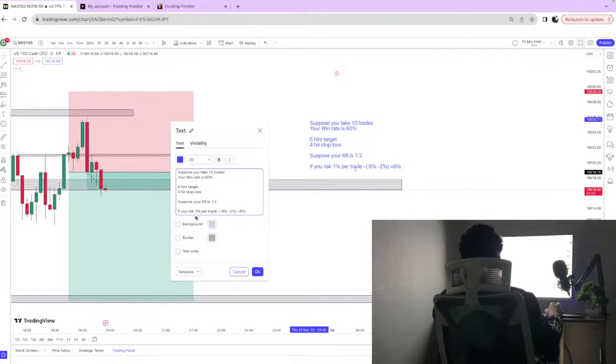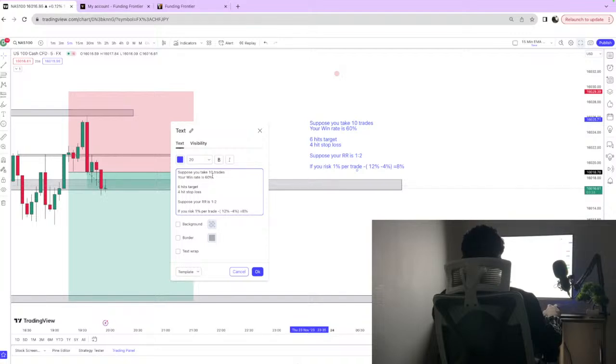Now you risk 1% per trade, so in one trade you earn 2%, and 6 hit target, that means 2 into 6, 12%. 12% is your profit. Now you lose 4 trades, and in one trade you lose 1%, so in total you lose 4%. So net it becomes 8%. This is how risk reward management works.